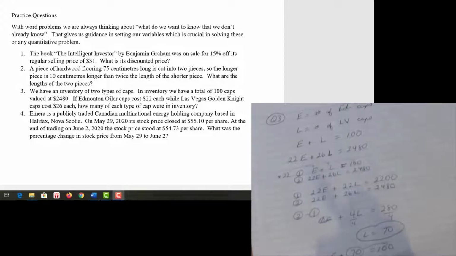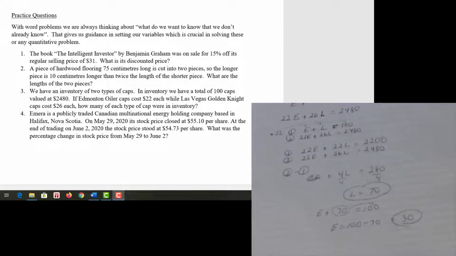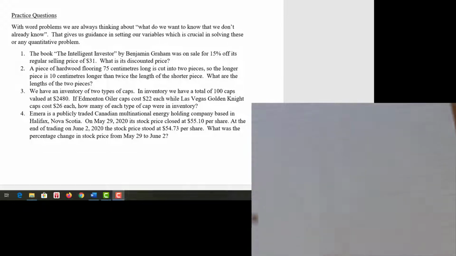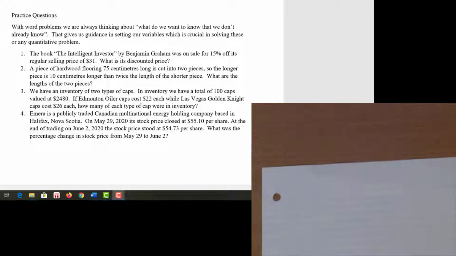E equals 100 minus 70, which is 30 caps. And I'm done. Finished. All tickety-boo, everything's wonderful. And I'm all set to go on to question number 4.